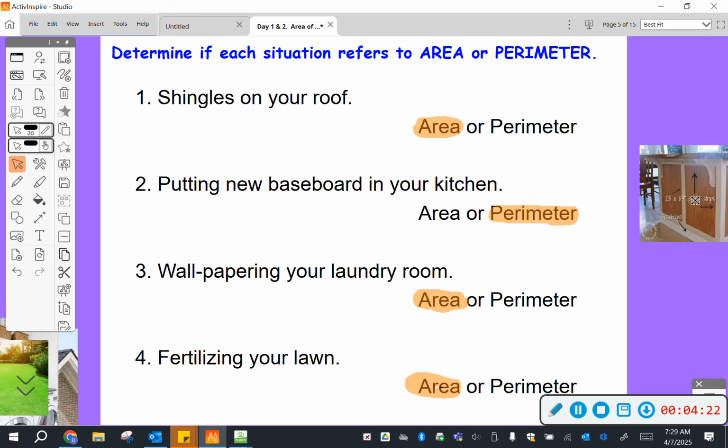What else can you think of in life that is perimeter? Yeah, outlining the windows or things like that. Absolutely, that would be perimeter because it is around. What about your car? What about the car?